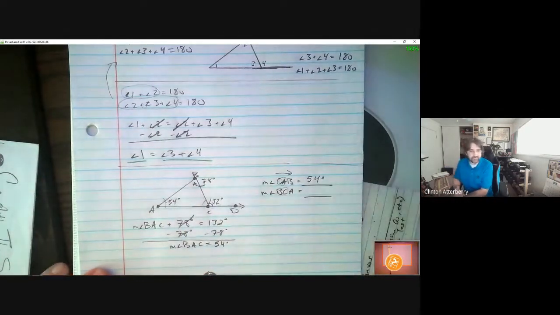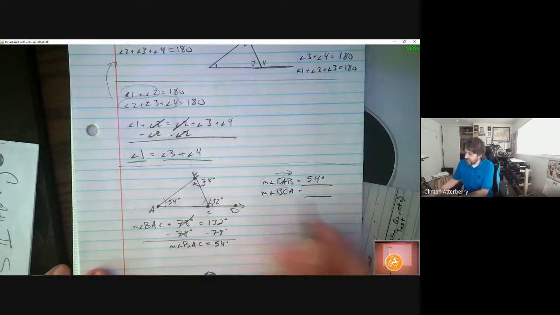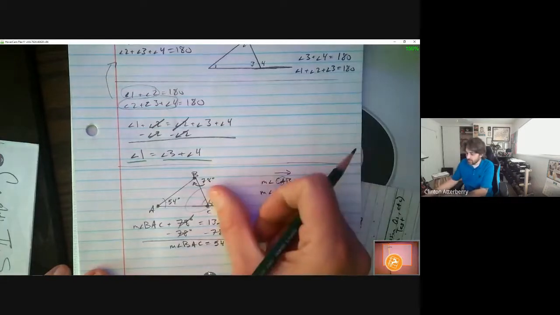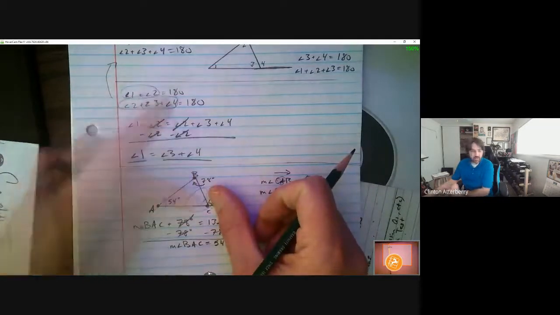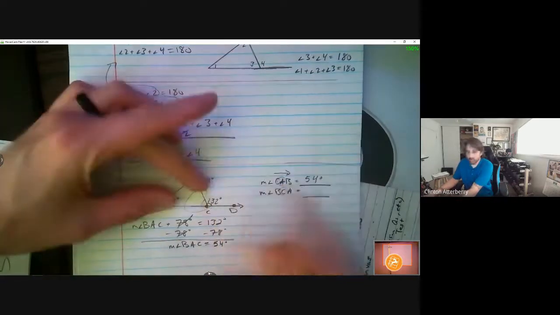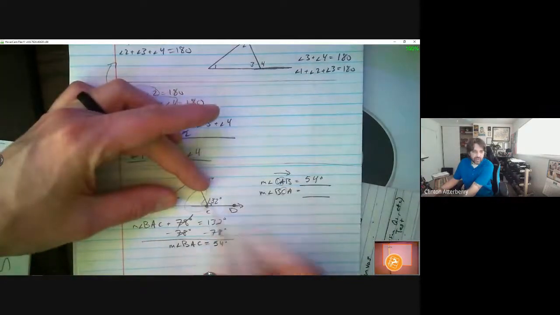Now it still says BCA. We're still missing that piece right there. So you have two options. You can say, well, this plus that is 180, so 78 plus 54 plus some missing piece equals 180. The alternative is you could say those two added together equal 180.